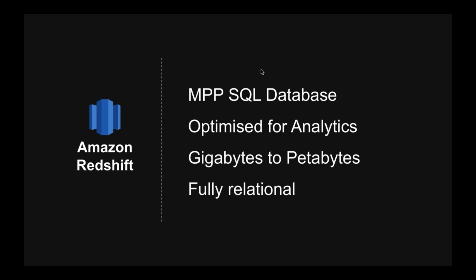MPP databases like Redshift are fully relational, so you create tables as you would normally. You can typically use the same data model that you use in your existing database. You create the tables, you create joins between tables, etc. So often very easy to migrate because you essentially pick up the data model that you have and move it across.